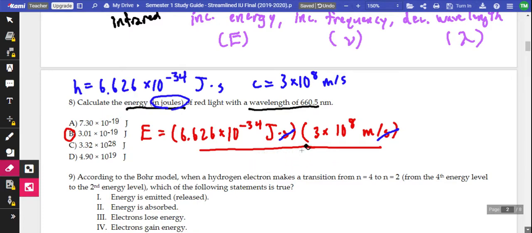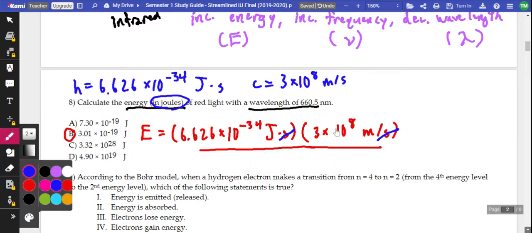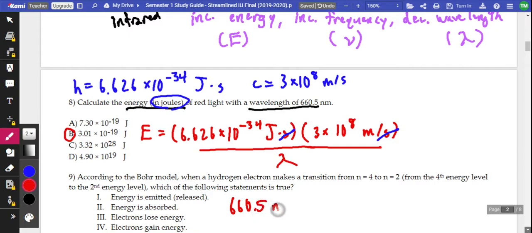So let's convert this. For now I'm just going to call this lambda for my wavelength, but let's convert it. I'm going to use this space down here because I've got room. We'll erase it later. So, 660.5 nanometers. I want to get rid of my nanometers and get meters so that these units cancel out.